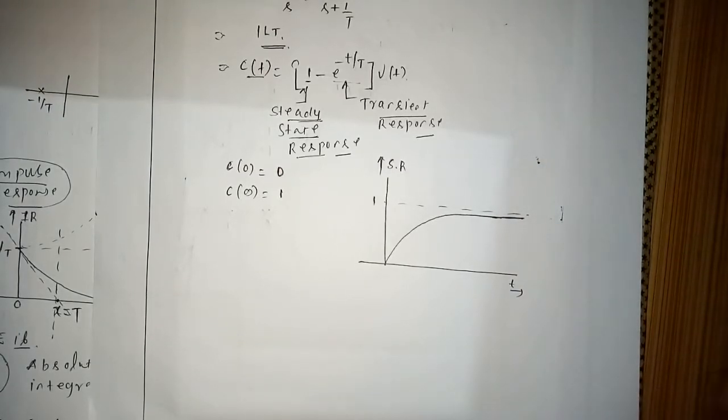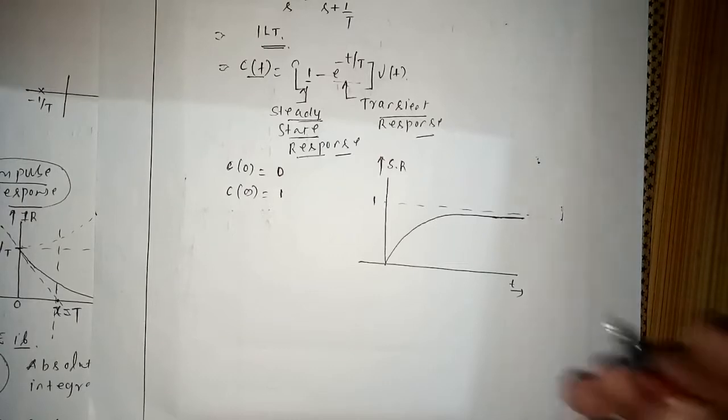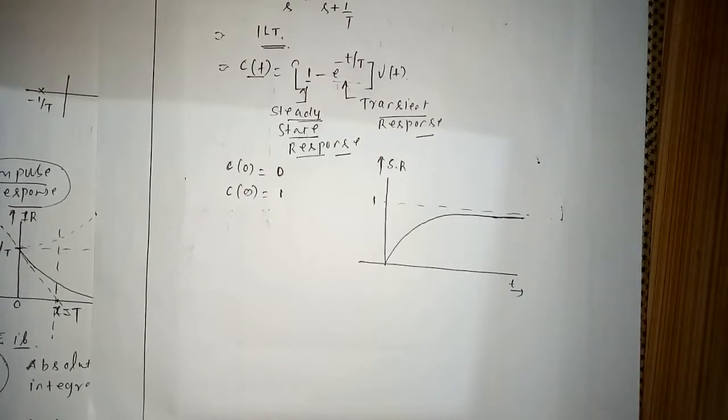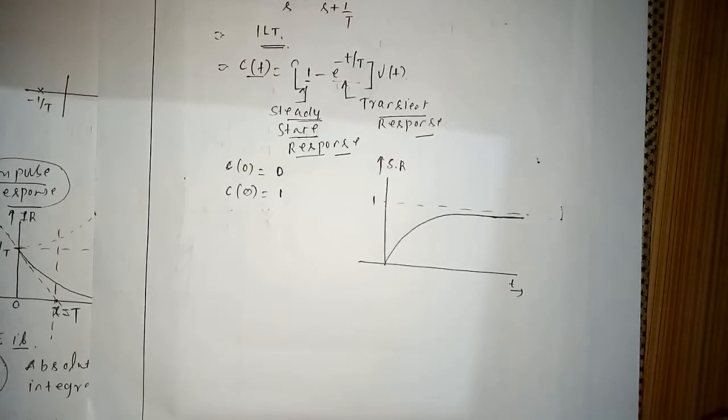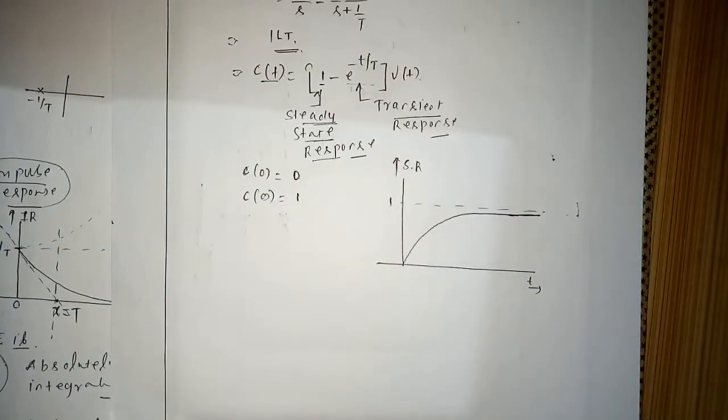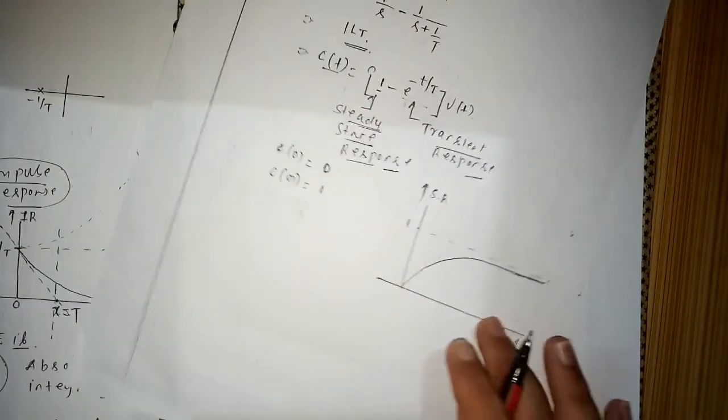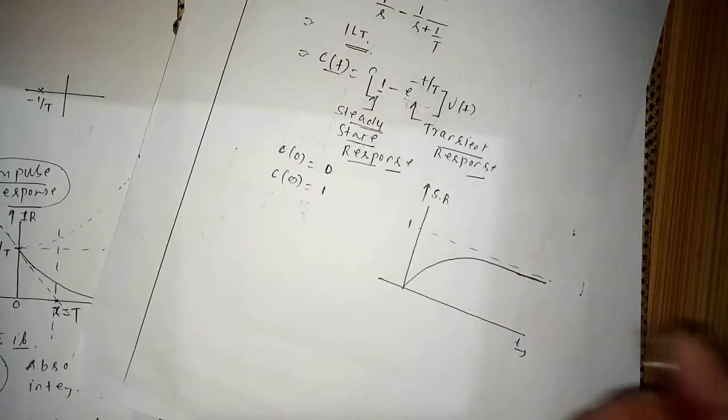For some period of time, like I was continuously saying 4 time constants or 5 time constants. That depends on how much tolerance we want in the final output, right? So first of all, again I want to define time constant.